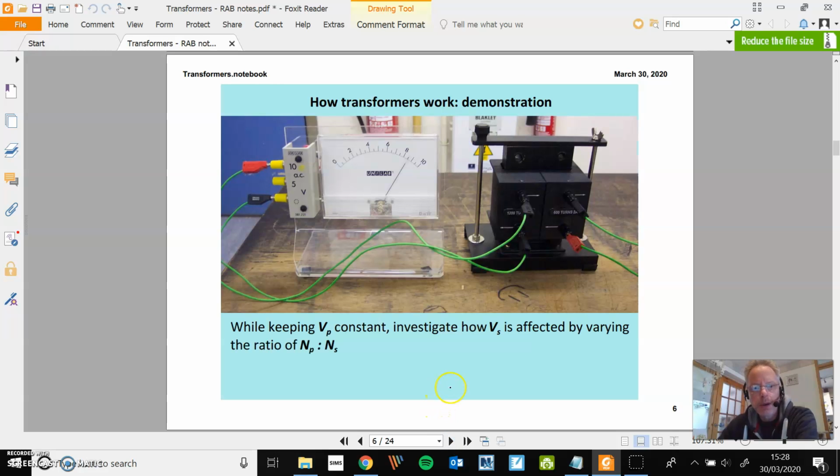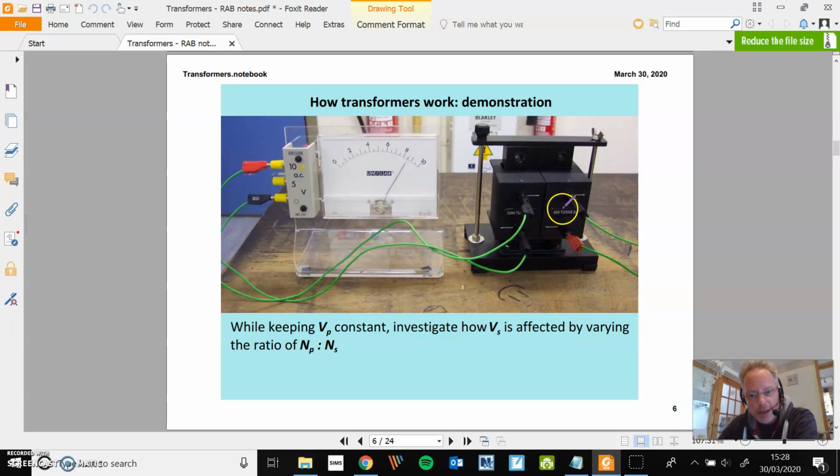Okay, so if we were all in the classroom, this is where I'd whip out some kit and we'd have a little demonstration and we'd take some readings and look at what those readings would tell us. Unfortunately, we can't do any of that, so you've got to imagine here's our transformer. You can see the top bit of the iron core there, and there's two bars that go up and down there, and these are my two coils.